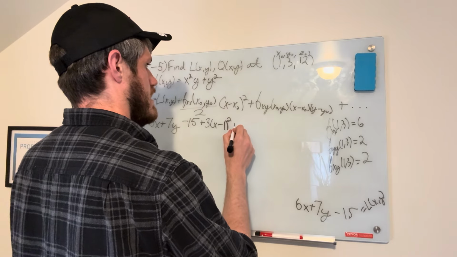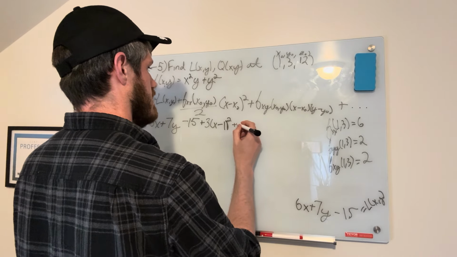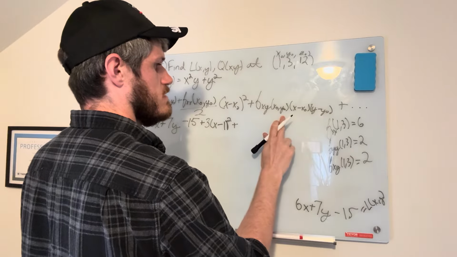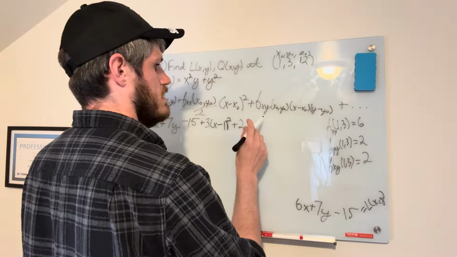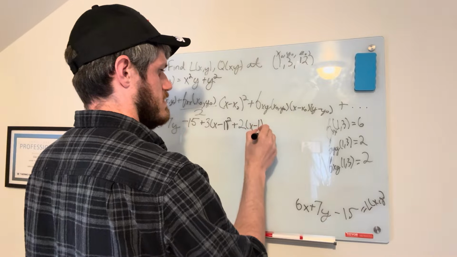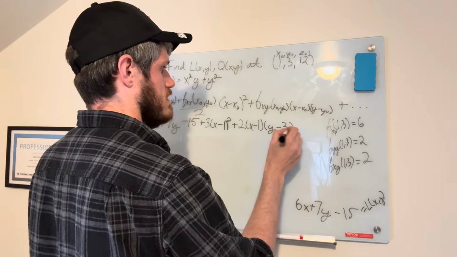And then you want to add, I don't know if I want to put it on this line, but I'm going to try, your mixed partial evaluated at the point, which was this constant, times x minus x naught, y minus y naught.